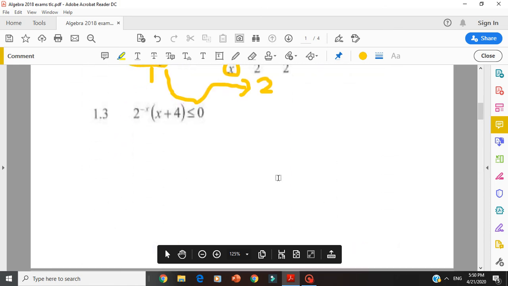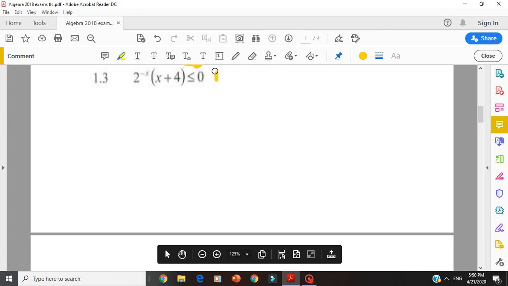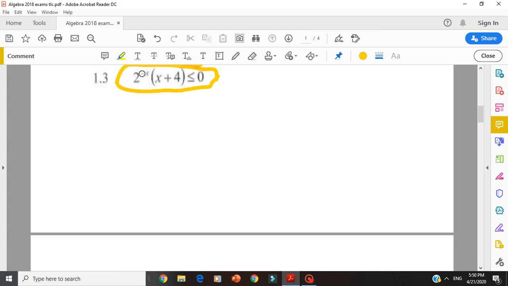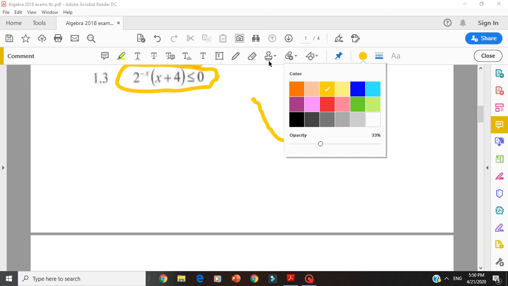Okay, and last but not least, we're down to an inequality. We have the inequality 2 to the minus x times x plus 4 is less than or equal to 0. So firstly, you'll sketch your parabola.